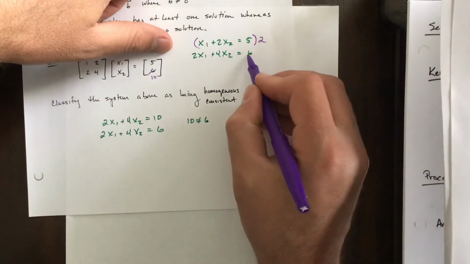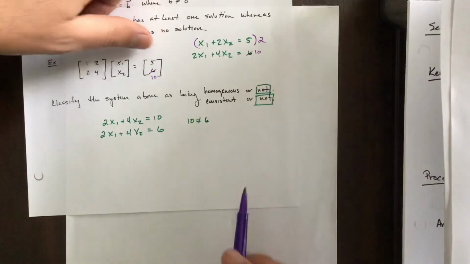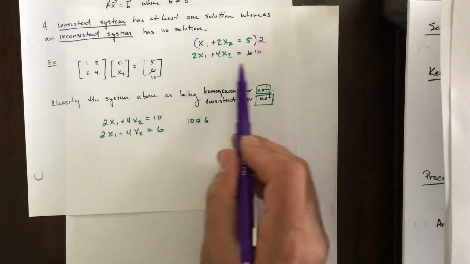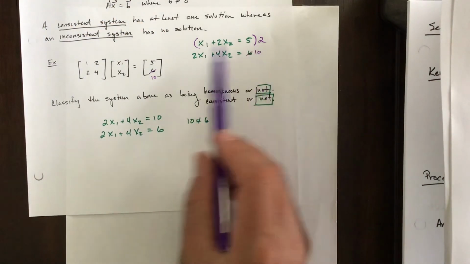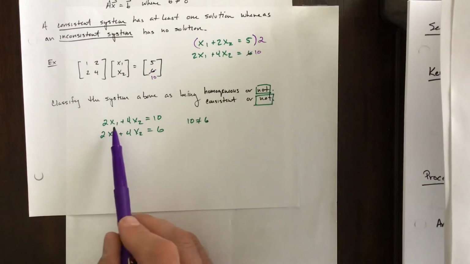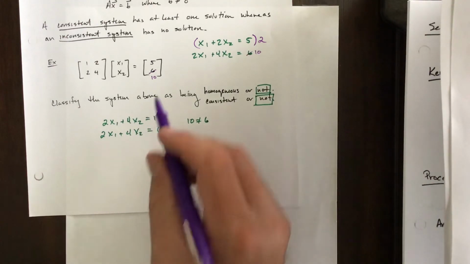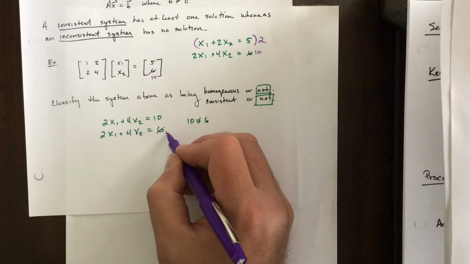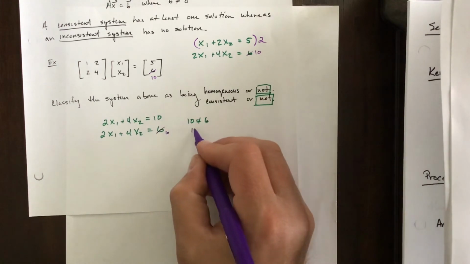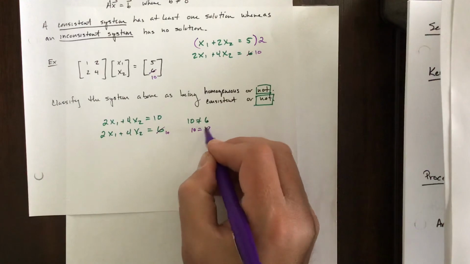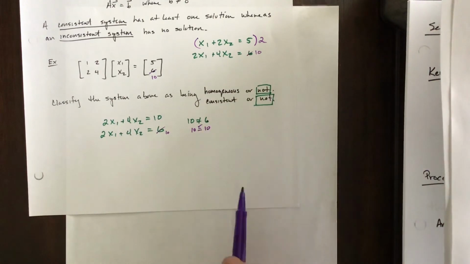That would make this 2x1 plus 4x2 is equal to 10. We'd multiply the top row by 2. You get 2x1 plus 4x2 equals 10. The second row would be 2x1 plus 4x2 equals 10. And now we'd have the equation 10 equals 10, which is true and would make the system consistent. Very good.